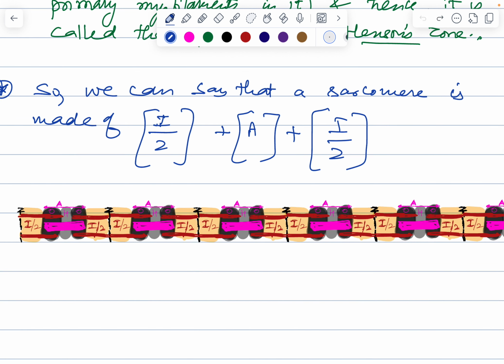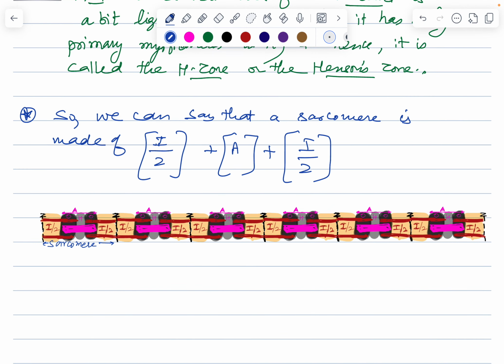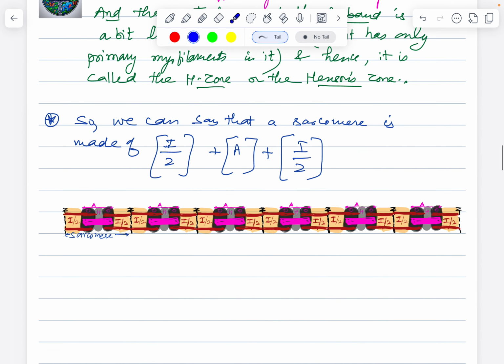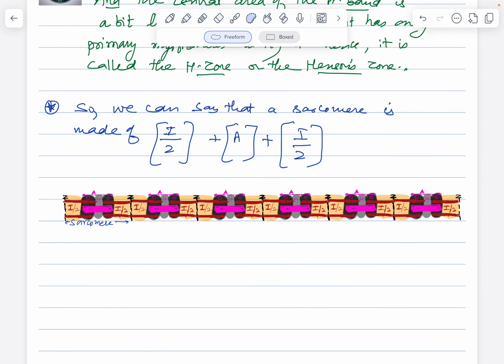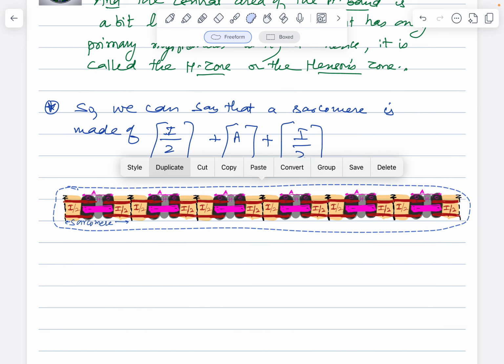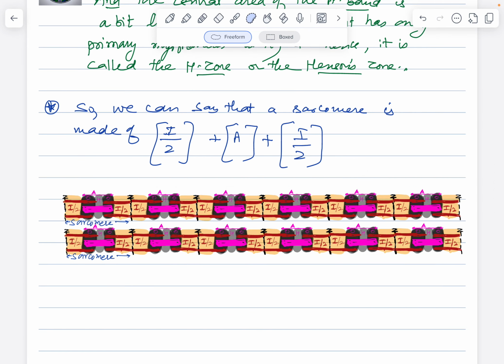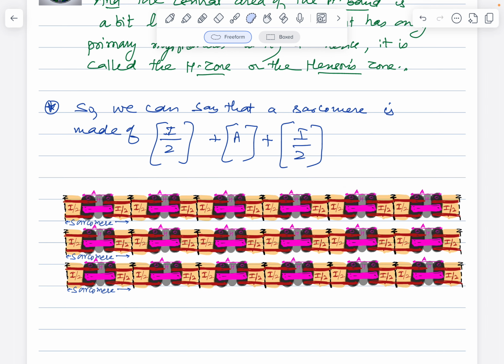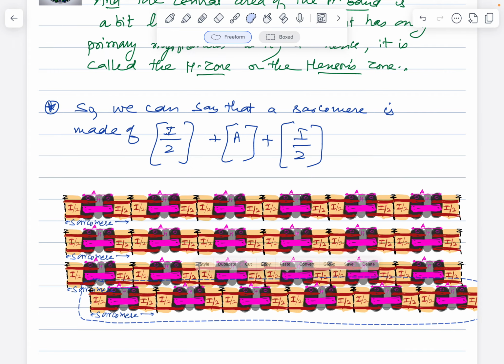Here's a sarcomere, and this entire structure is a myofibril. And you know that myofibrils are the building blocks of muscle fiber.